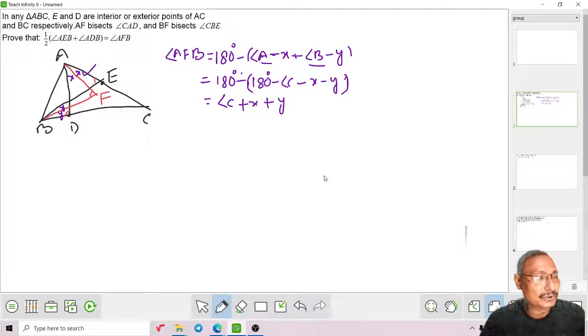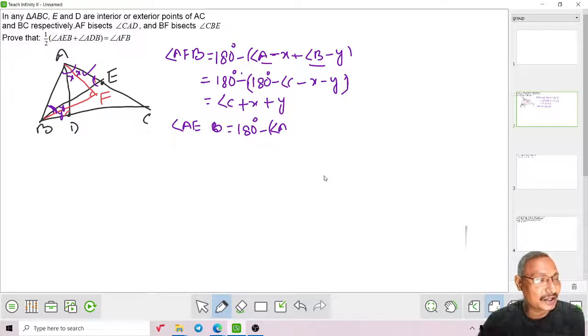Now we want to know these two angles, this one and this one. So now angle AEB. To write angle AEB, we can use this triangle AEB as 180 degrees minus angle A, the whole angle, plus this angle.